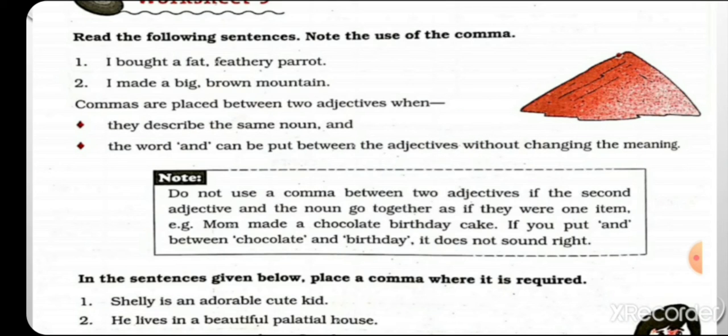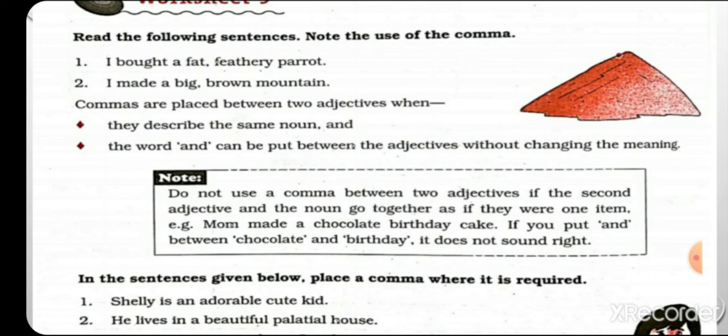Now students, in the sentences given below, place a comma where it is required. Remember, where it is required, there you have to place a comma. For example, students, how can we write? In the very first sentence, we can write down a comma after the adjective. Like, Shelly is an adorable, comma, cute kid.